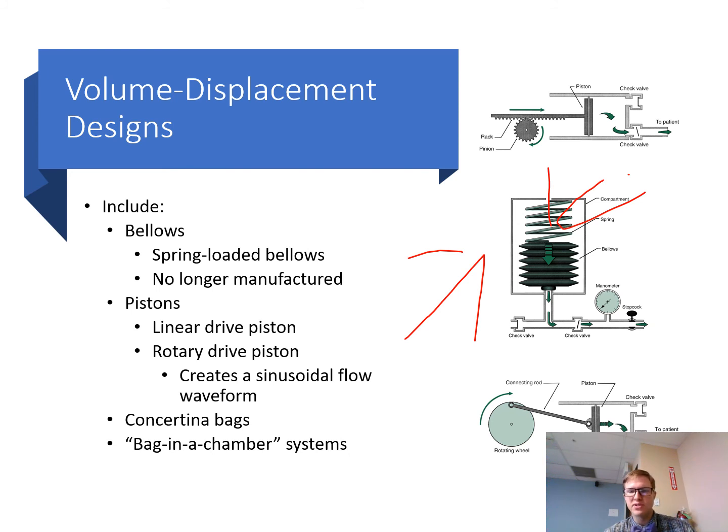So the old Servo 900C is an example that used spring-loaded bellows to deliver that. Those devices usually aren't manufactured anymore, but it's pretty important to see how the modern ventilators have developed. This isn't something I would expect you to be able to troubleshoot in modern day, but it's interesting to see how these have developed and where we've come with our technology.